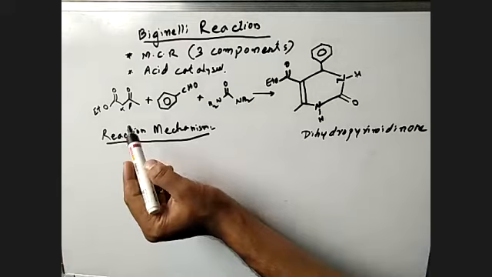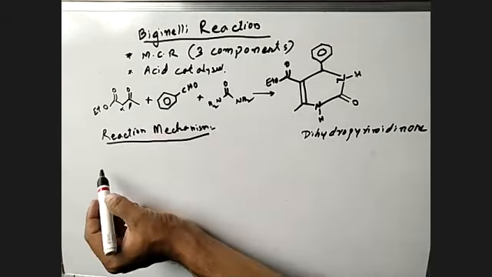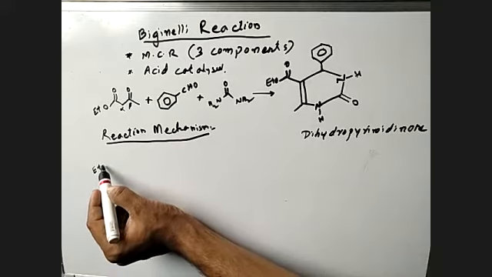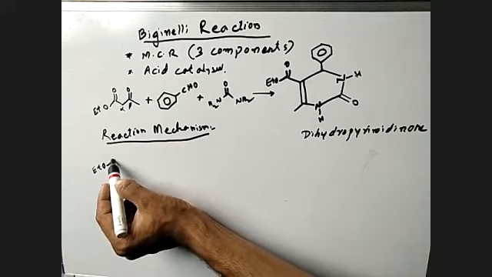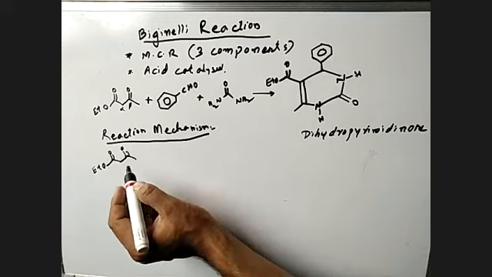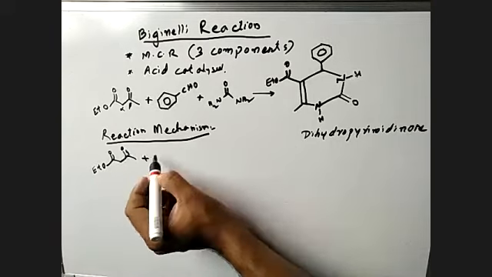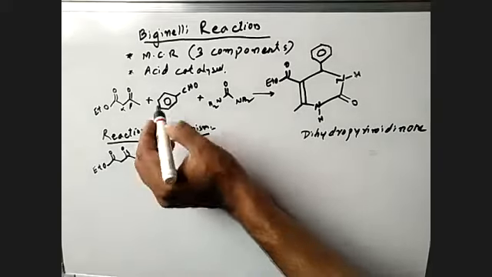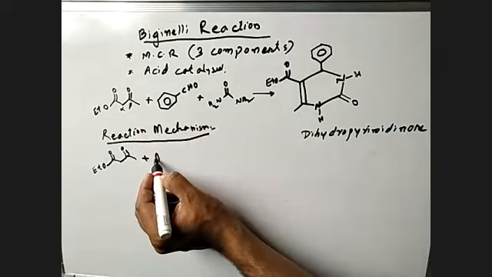Now see, first of all, this beta keto ester and this aldehyde react with each other. When you take the beta keto ester and react with the aldehyde, instead of Ph I am writing Ar. Ar means it can be any aromatic.